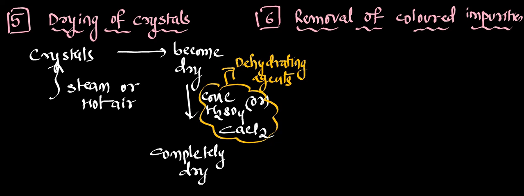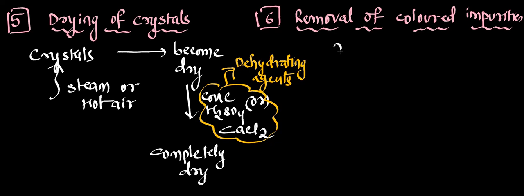And in the sixth step, we are going to remove the colored impurities. There is a possibility that even after the 5 steps, the crystals are colored. What could be the reason for this color? The reason could be the impurities. So how do we remove these colored impurities?